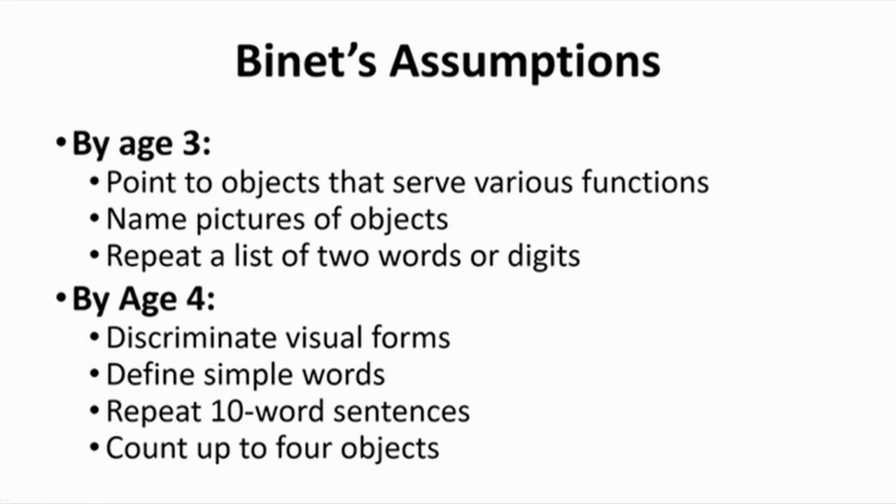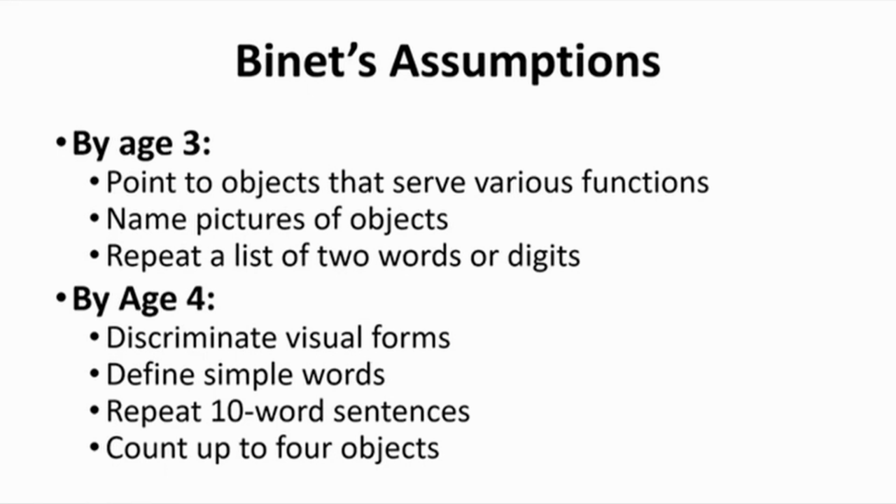So if they see a pair of shoes, they should be able to identify that those go on your feet. They should be able to name pictures of objects, things that they would use, like a chair. And they should be able to repeat a list of 2 words or digits. So if you're given dog and boy, they should be able to repeat that back.